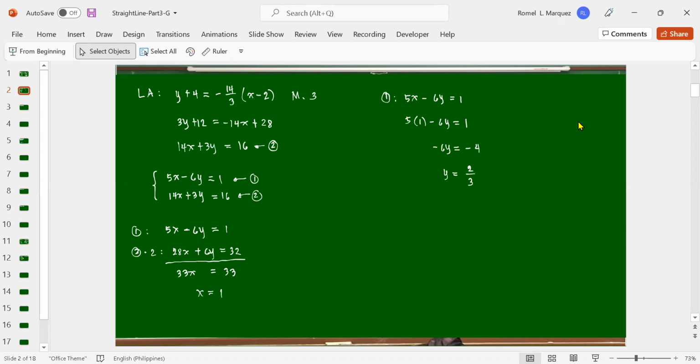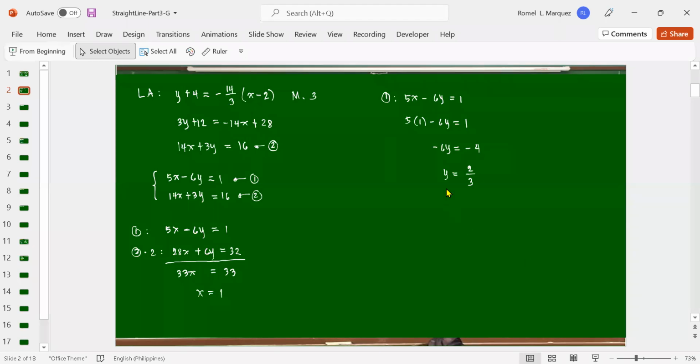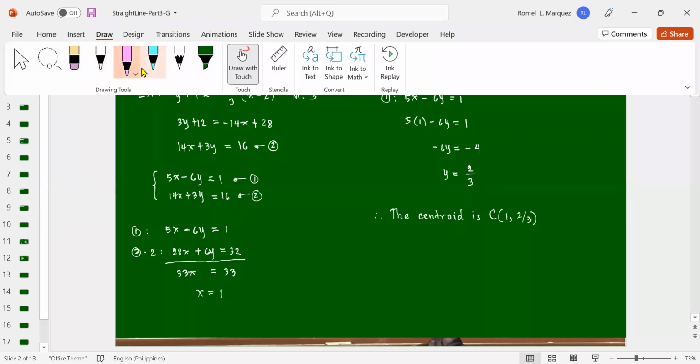Okay, guys? So approximately the y value is at 2/3. So that's it. Therefore, the centroid is given by 1, 2/3. Any question with this, guys?